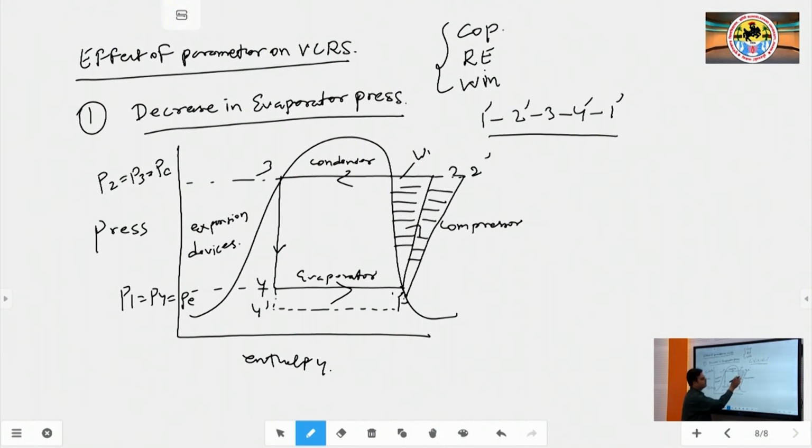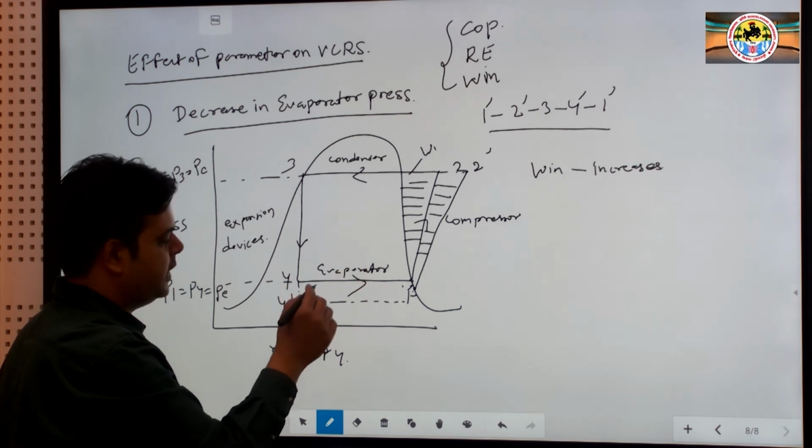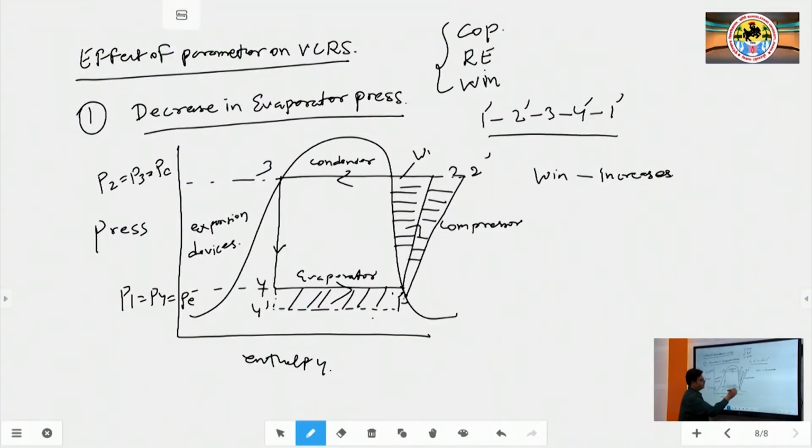Initially we have this one and finally it increases, so the work input increases. What about the refrigeration effect? Initially it is 4 to 1, and now it is 4 dash to 1 dash, so the refrigeration effect also increases.